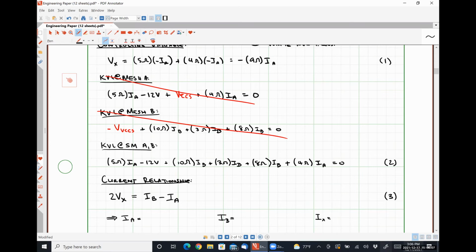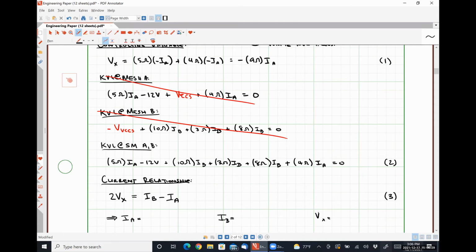The problem is I have it written as Ix when there's no Ix in the thing at all. It's a voltage Vx. That's where my dumb mistake was. So sorry, I have -9 IA plus 0 IB minus 1 Vx is equal to 0.